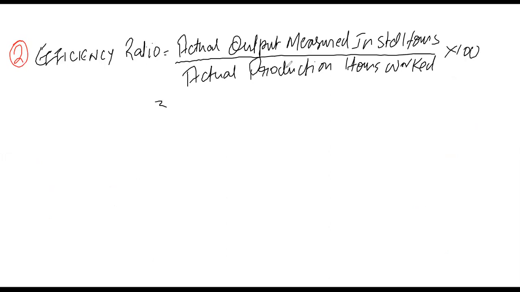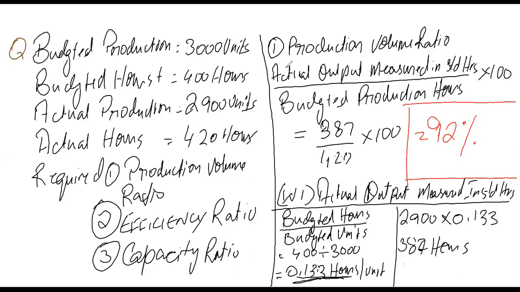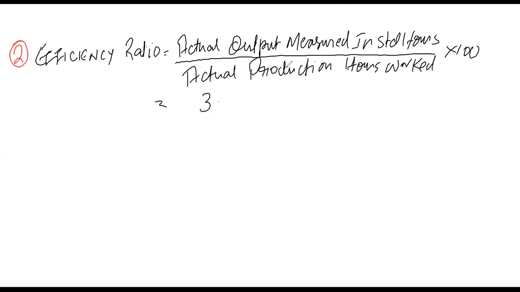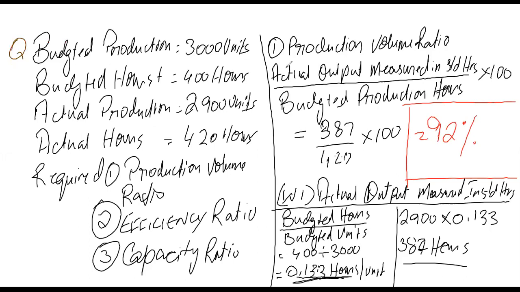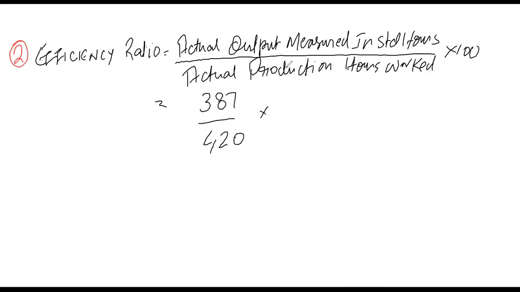So the actual output measured in standard hours is 387, and the actual production hours worked is 420 hours, multiplied by 100. So I'll be getting the answer of 387 over 420.